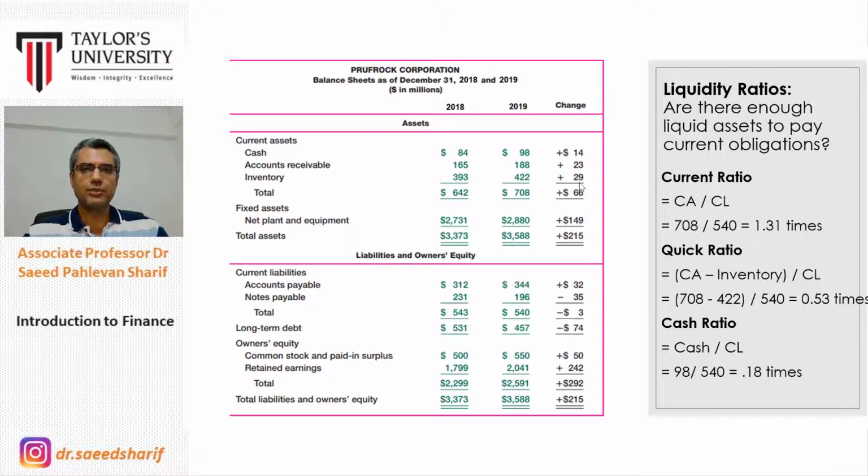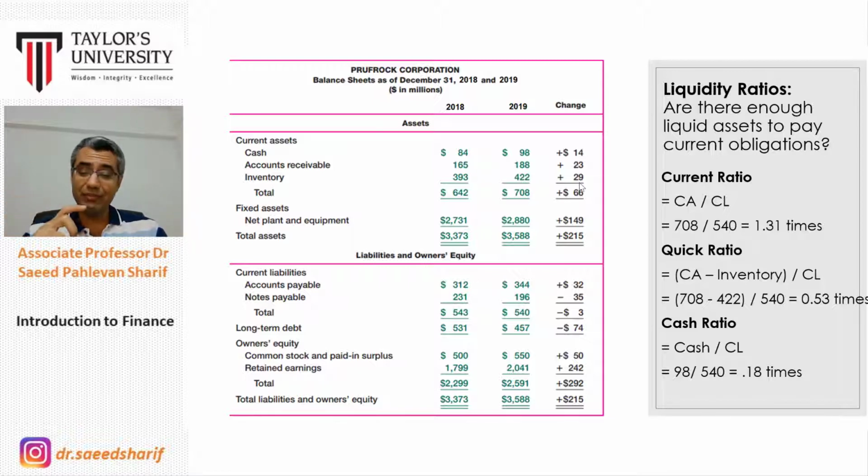The most well-known and most commonly used liquidity ratio is the current ratio, which is computed by dividing current assets by current liabilities. You remember that we had a formula to compute net working capital, which was current assets minus current liabilities, right? But here we want to divide current assets by current liabilities, so it's very similar.